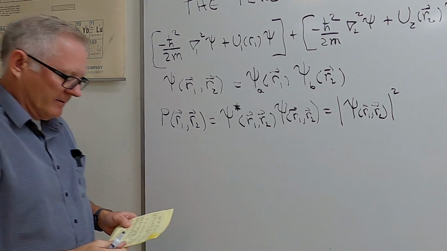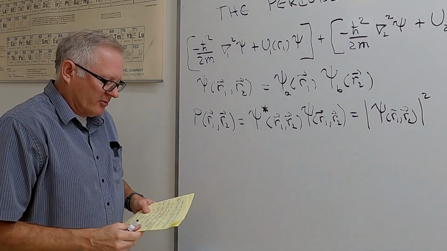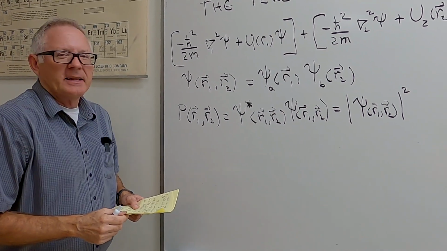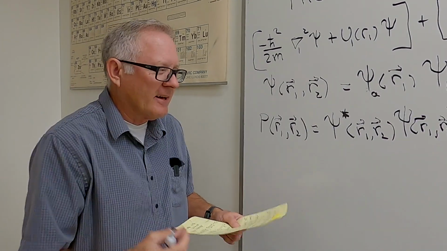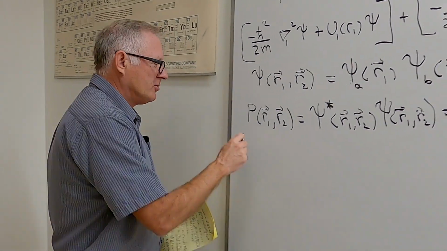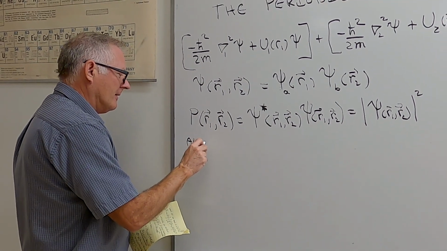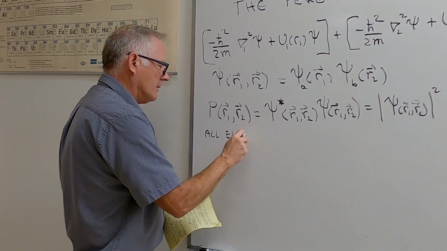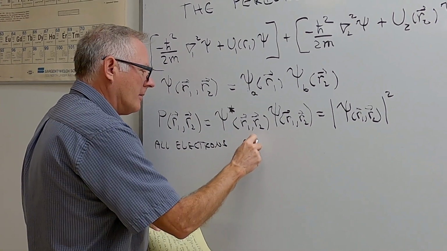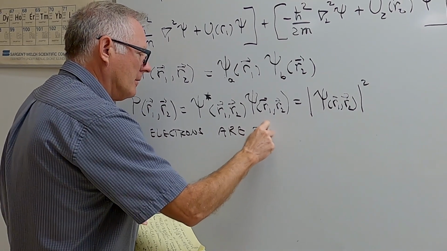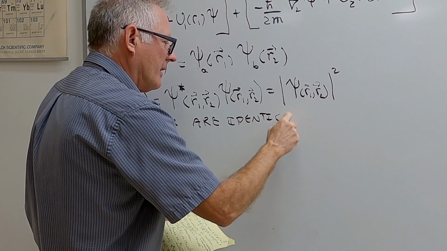It's psi of R1, R2 squared. Okay. So now we can say if the particles are identical, well now every electron is identical to every other electron. You cannot tell them apart. It's impossible. So all electrons are identical. That has a lot of meaning here.